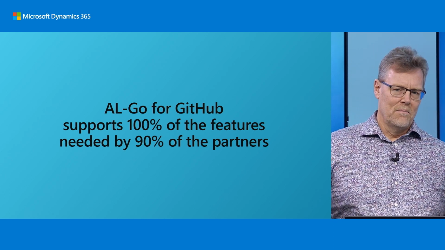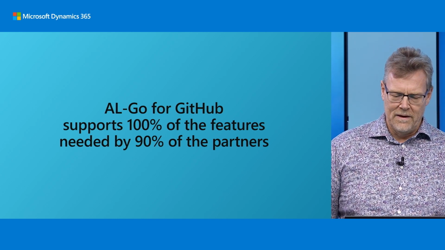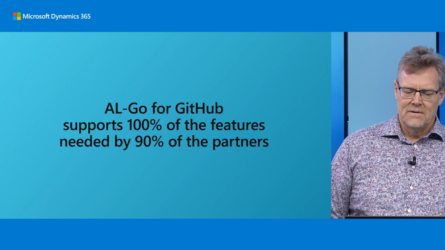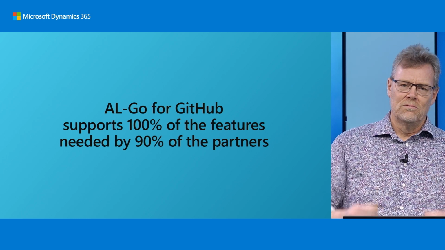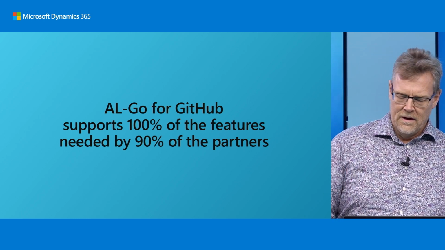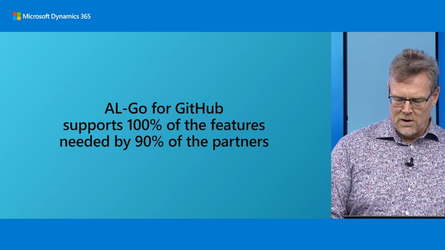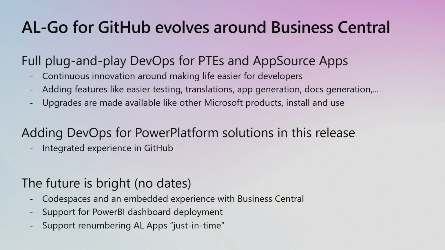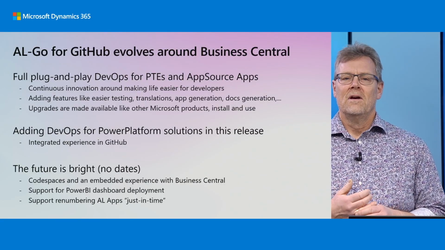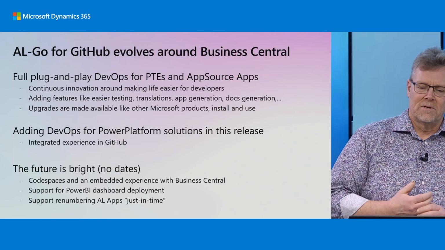And since a lot of partners will be using Power Platform and Power Apps, we need to build this into AL-Go in order to get a coherent story for DevOps together with Power Platform. And so AL-Go really evolves around Business Central. We have full plug-and-play DevOps for PTEs and AppSource apps, and there's continuous innovation around making life easier for developers.